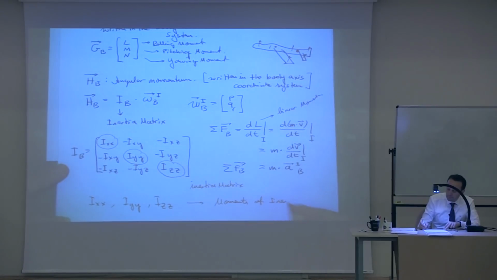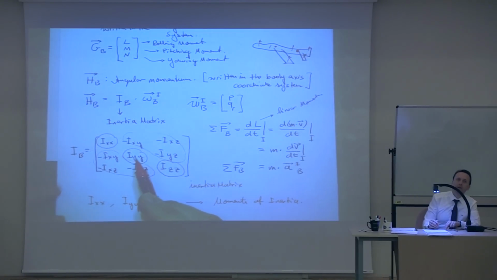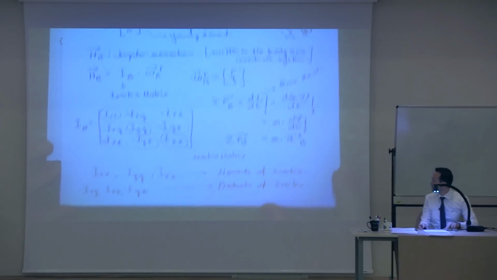And the rest, these ones, what are these called? Products of inertia, of course. And the product of inertia for each of them: xy, xz, yz are the products of inertia. Okay?